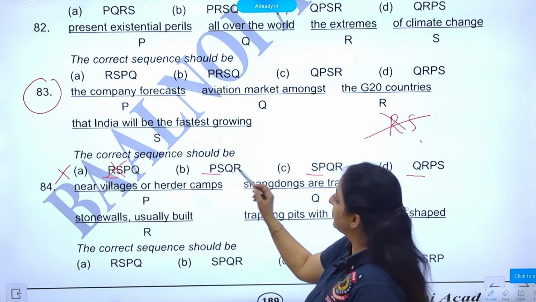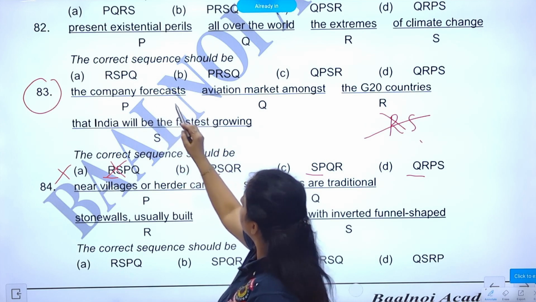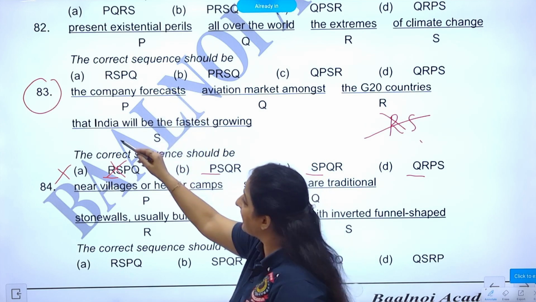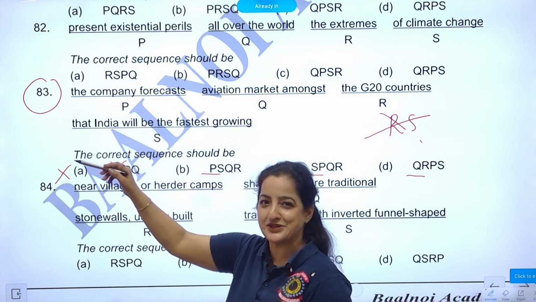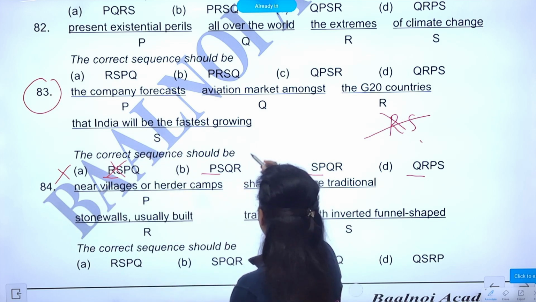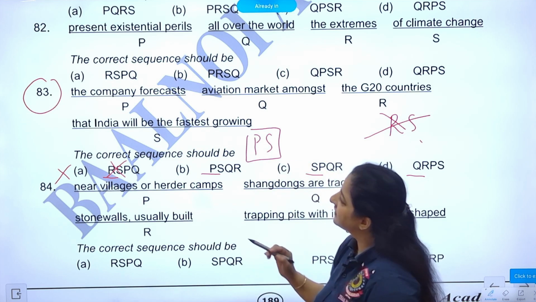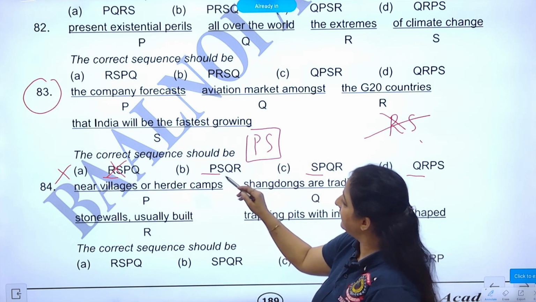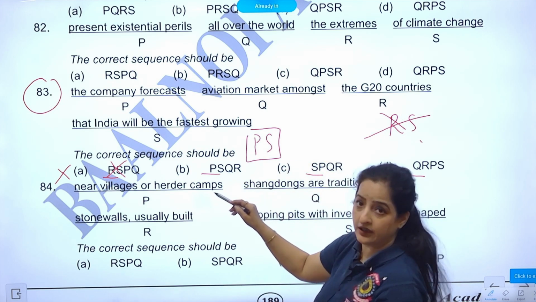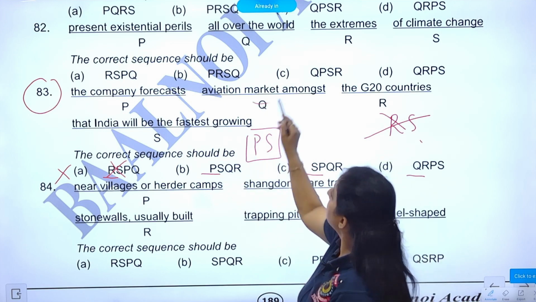Okay. PSQR. Let's read P and S. The company forecasts that. तो यही कनेक्ट हो गया क्या फोरकास्ट करता है ये फोरकास्ट करता है. Yeah, so P and S does look like a wonderful pair over here. The company forecasts that India will be the fastest growing क्या fastest growing market.